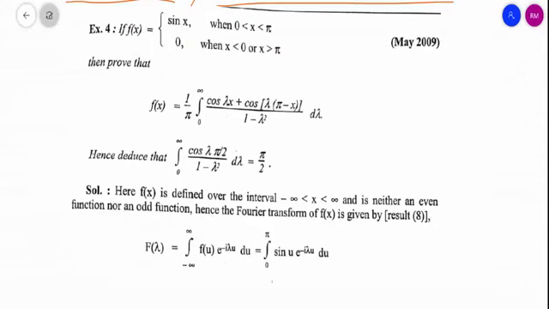Now friends, let us go for the next problem, that is example 4a. Here we have been given a function that is described in 2 lines.